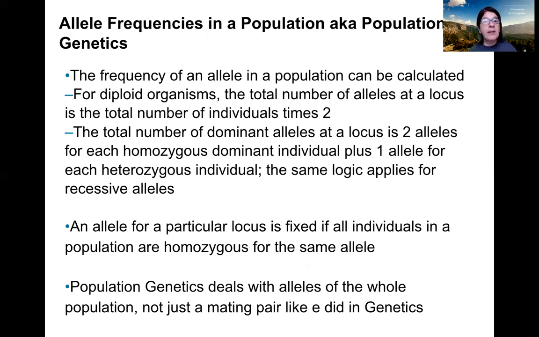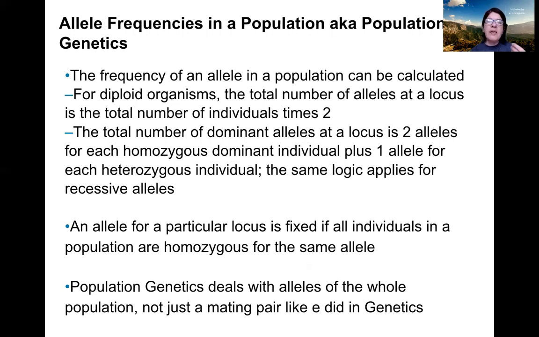Plus, you got to add the 1 allele from the heterozygous individuals, right? And the same logic would apply to recessive alleles. So recessive alleles, the number of recessive alleles is you got to count the number of recessive phenotypes, multiply by 2 because they have 2 recessive alleles, and then count the number of heterozygous individuals and add 1 to that because they have 1 copy of the recessive allele.